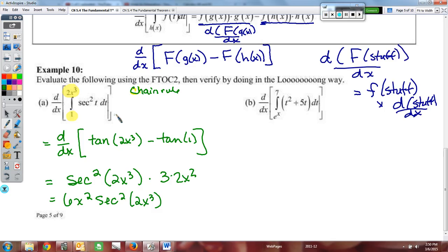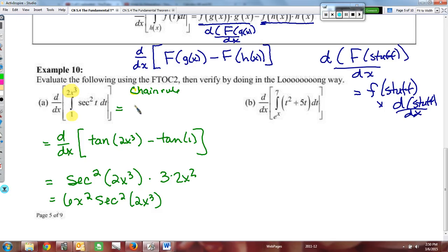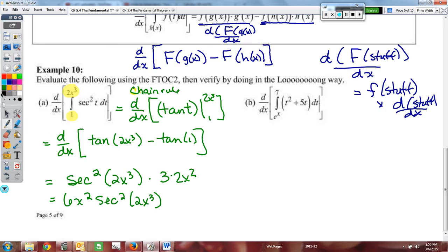Now what we're trying to do in this process is shortcut having to write down all of these steps. We want you to realize that I don't even really need to know the antiderivative.